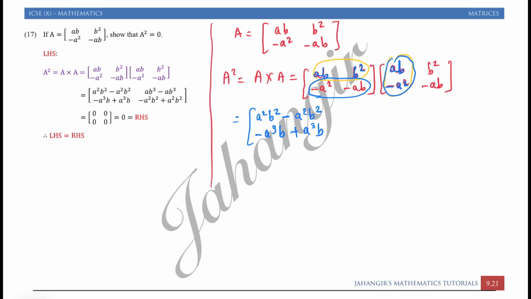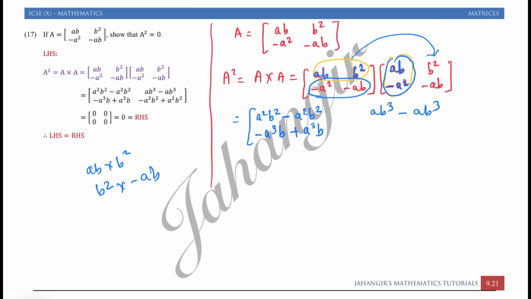Now first row, second column, AB into B square, that will give you AB cube. Then B square into minus AB, so again you will get minus AB cube.